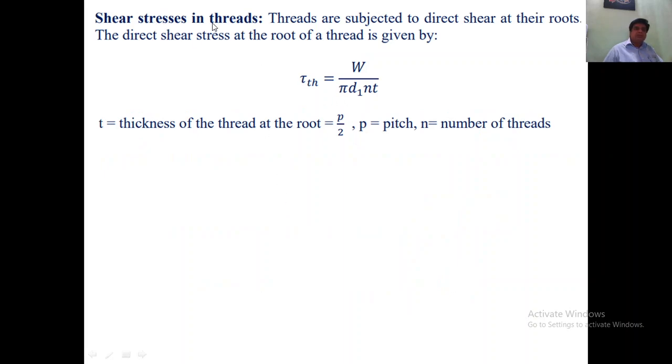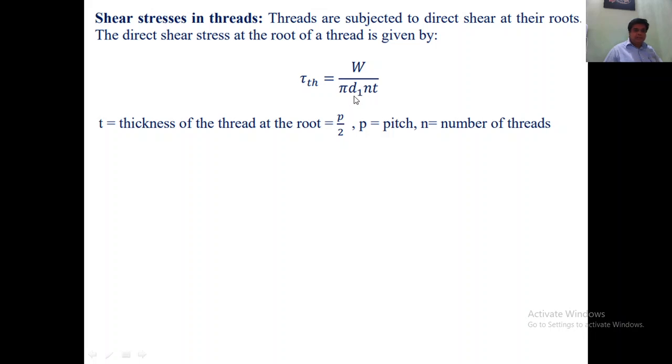Coming to shear stress in threads, threads are subjected to direct shear at the roots. So the direct shear stress at the root of the thread is given by W by the shear area.